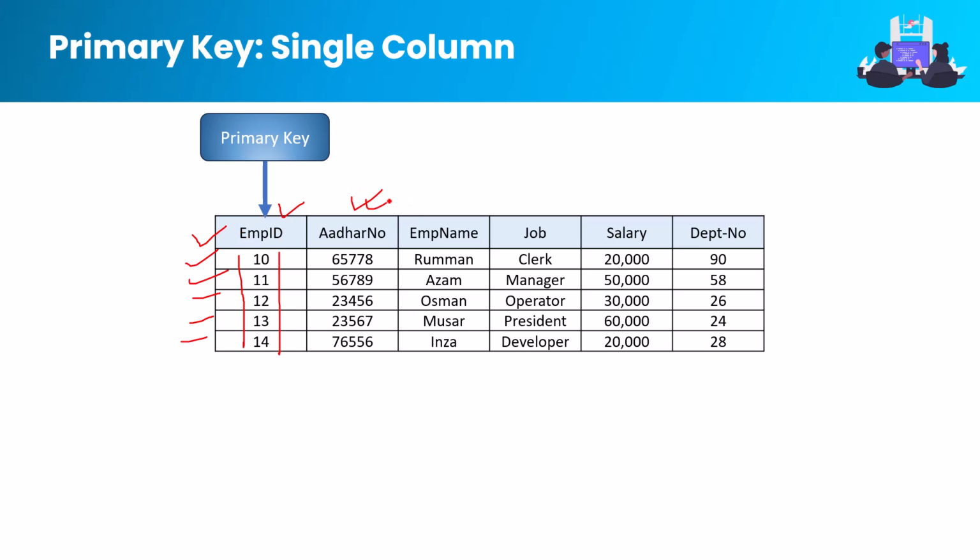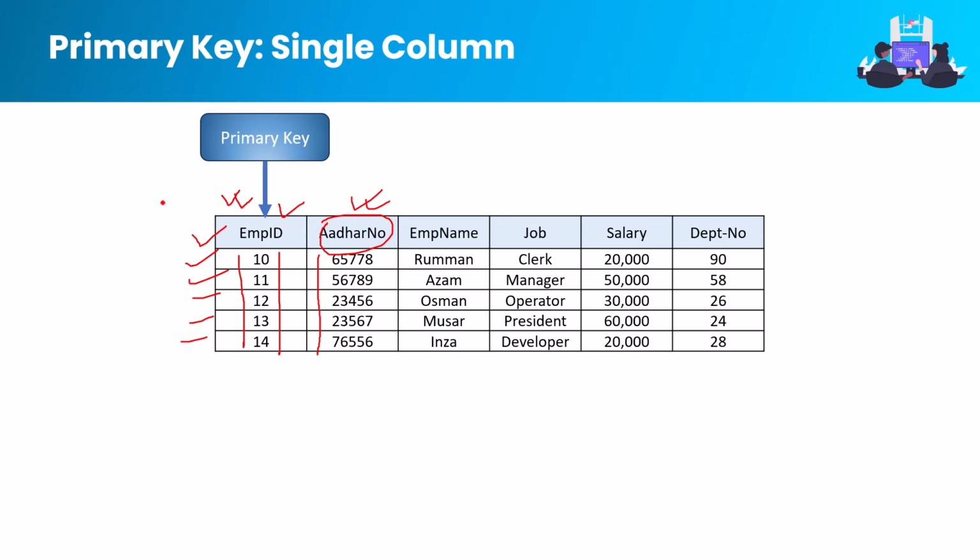If there is an Aadhaar number, in case of India, you know that for each and every person the Aadhaar number is different. So this can also be a primary key. Maybe you can use this employee ID as a primary key, or you can use the Aadhaar number as a primary key. So based on your requirement and faster retrieval of your data, you can make the primary key.